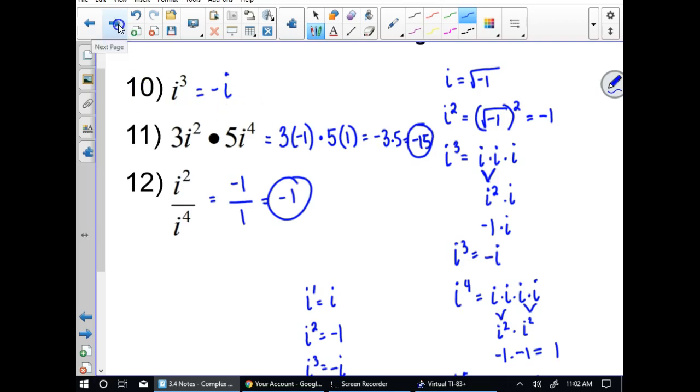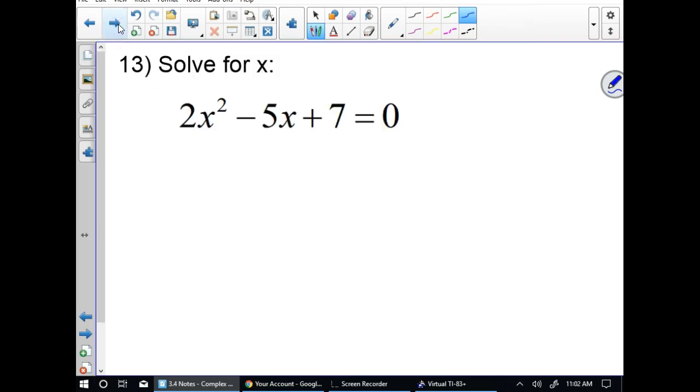Okay. All right. So here is the last thing that we're going to do, and we're going to do some quadratic formula with these, except we're not just going to write no real answers. We're actually going to simplify our answer and use an i in our answer. No real answers is correct. Whenever you write no real answers, there are not any real answers when you have a negative under that square root.